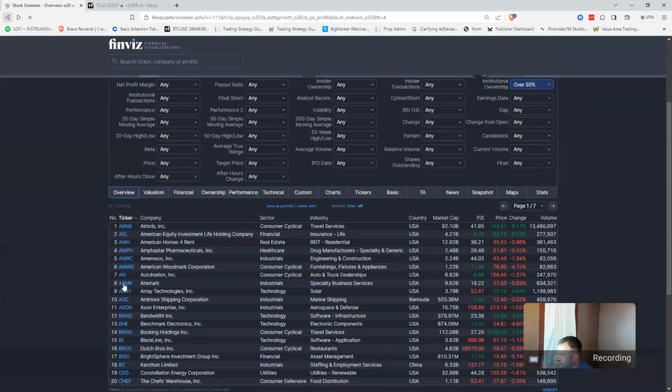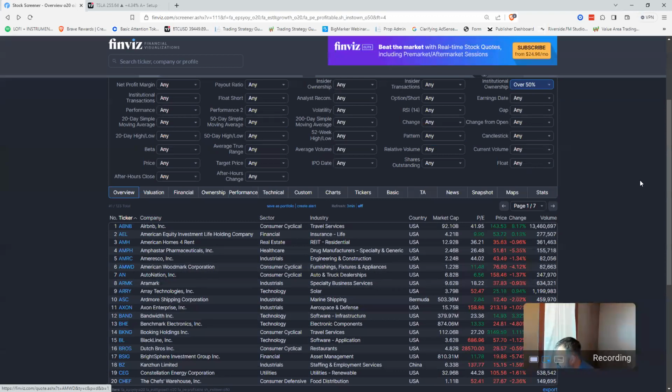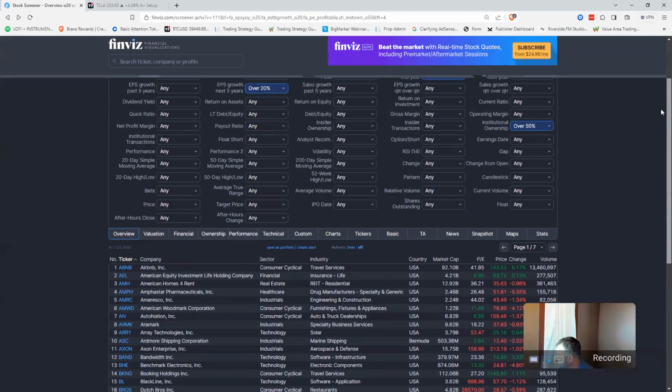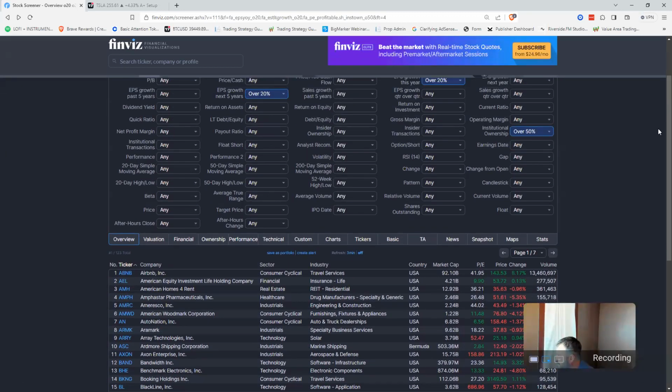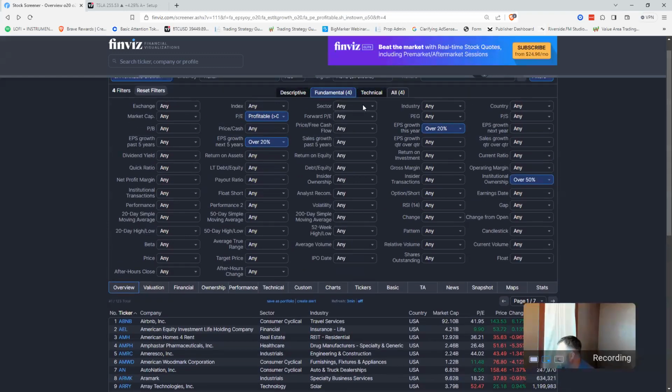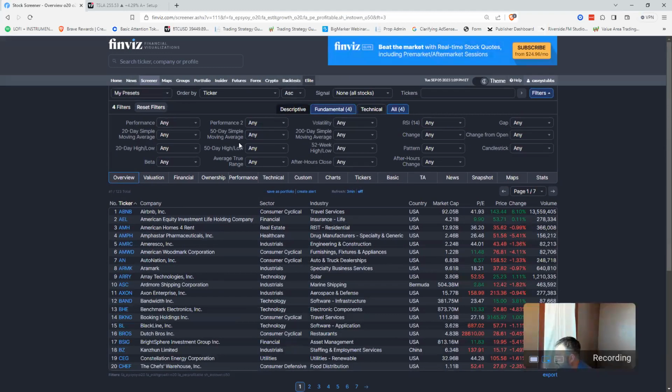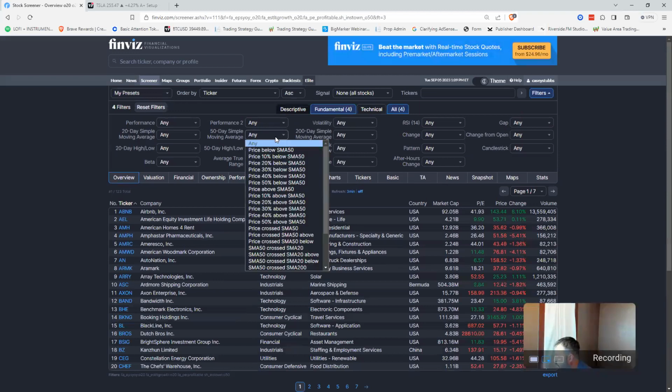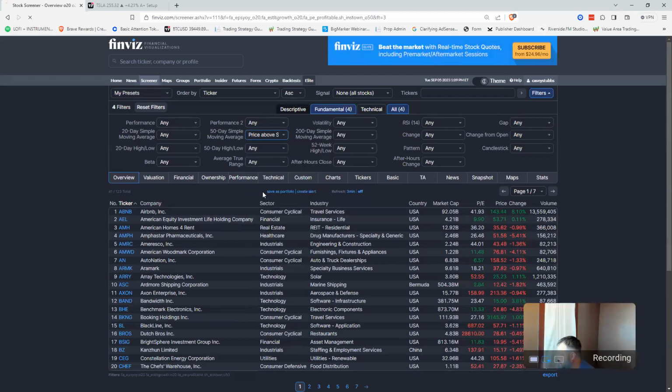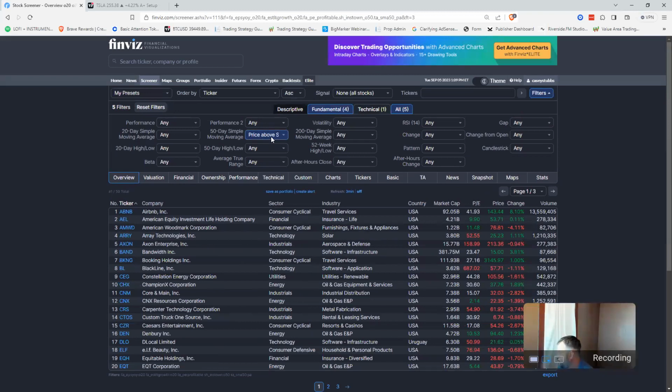And I go through this list, and if I'm looking for something more particular, I might go to the technical side. If I'm looking for something above the 50, 123 might be too many that day. I could always go here and add price above the 50-day moving average, right?